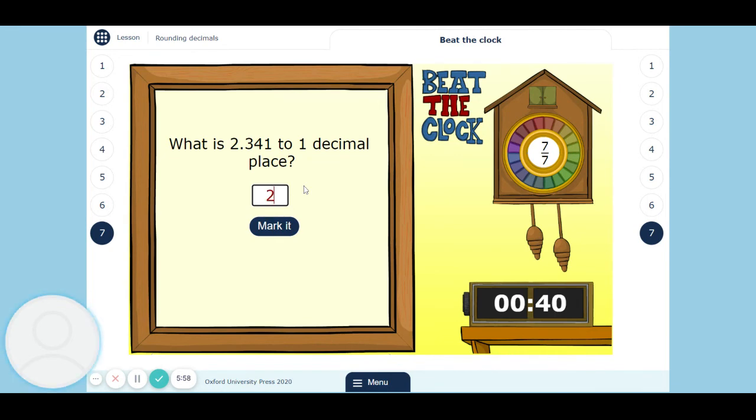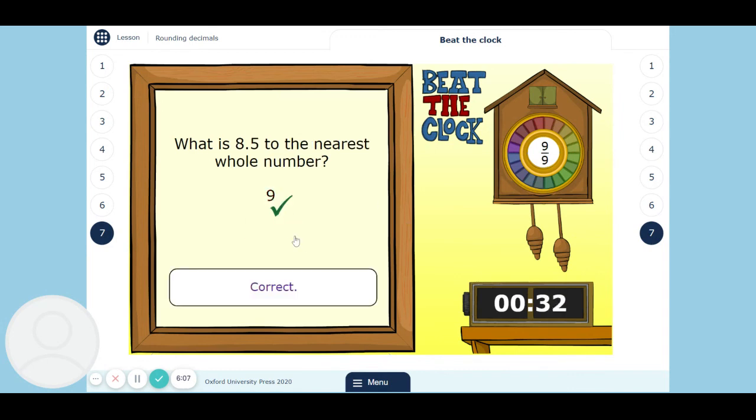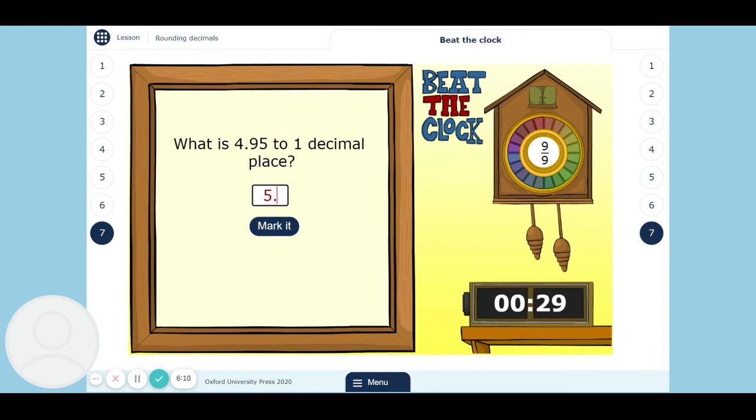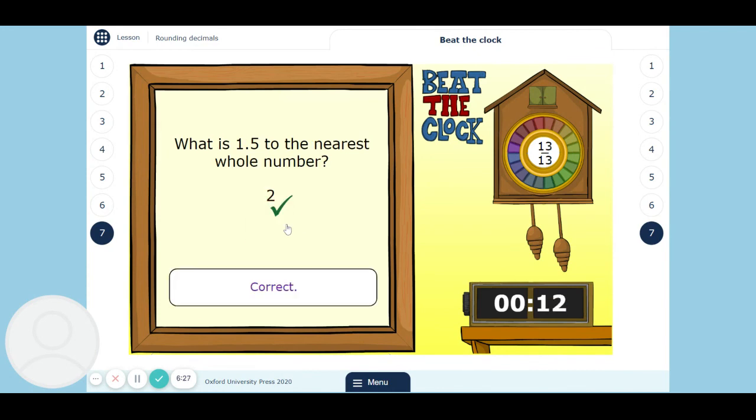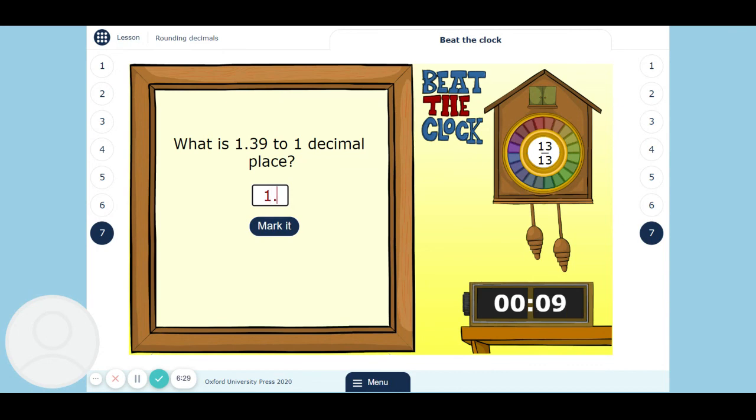Okay, I'll go a little bit quicker now to try to get a bit of a better score. So 2.39. Had this one before. 5.0. 9.2. 2.4. 2.4. 4.6. 4.